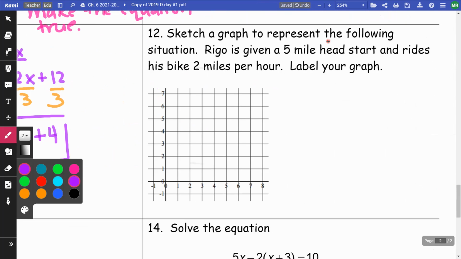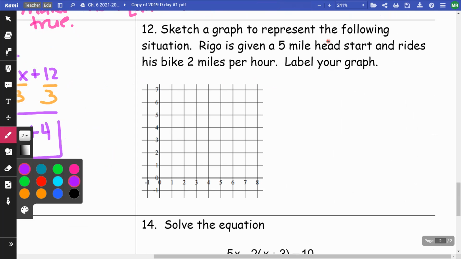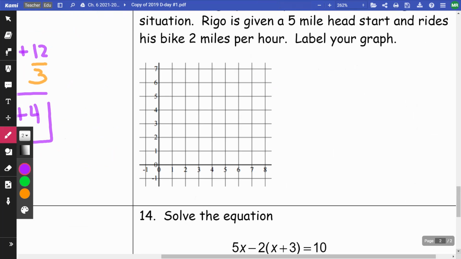On 12, sketch a graph to represent the following situation. Rigo is given a 5-mile head start and rides his bike 2 miles per hour. Label your graph. So this is going to be hours, and this is going to be miles.